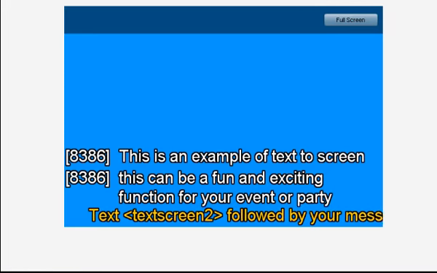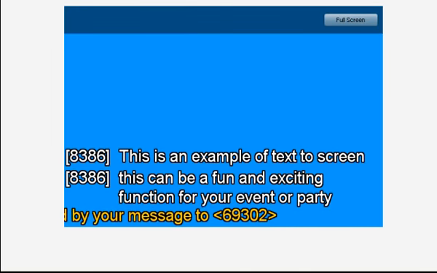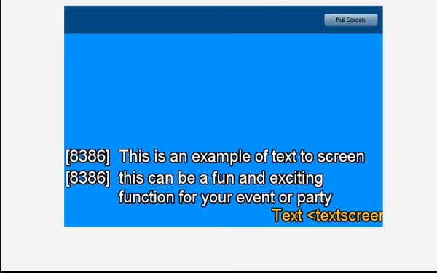The opt-in rate or the response rate is exceptionally high for mobile coupons, mobile text messages, and it's a lot cheaper. Text messages are instant, and this is a great way to get people to opt in.